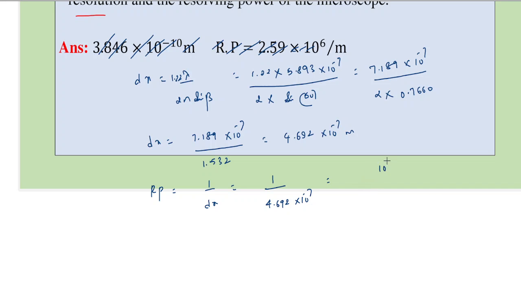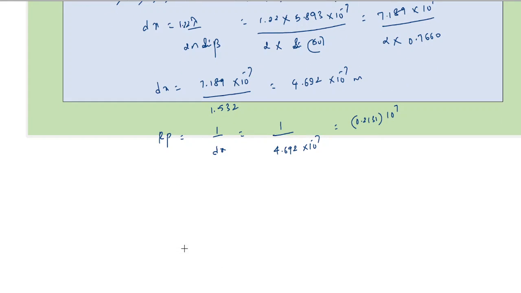So it goes on top, it becomes 10 power 7, and 1 by 4.692 is equal to 0.2131. Therefore, resolving power is equal to 2.131 into 10 power plus 6 per meter.